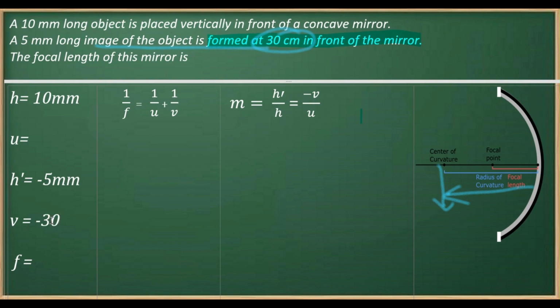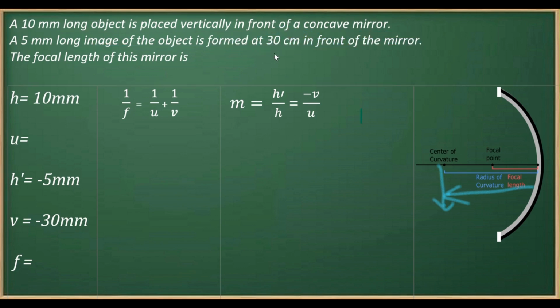We have to find out the focal length. For finding the focal length we need u and v. We have v, but we don't have u here, and that is the reason first we are going to use this relation, that is h dash over h is equal to negative v over u.